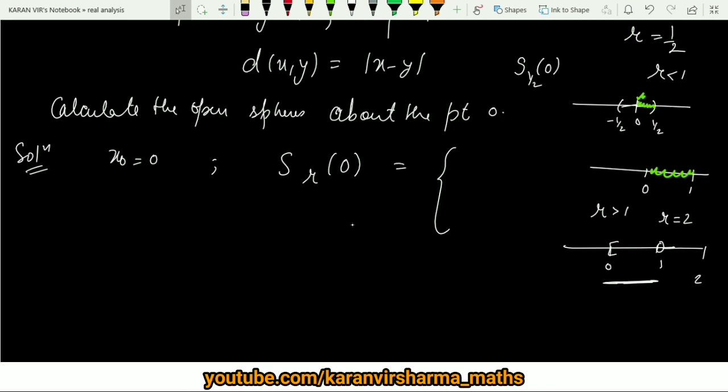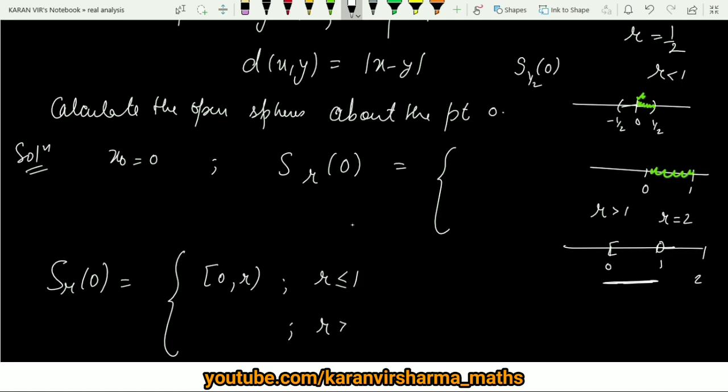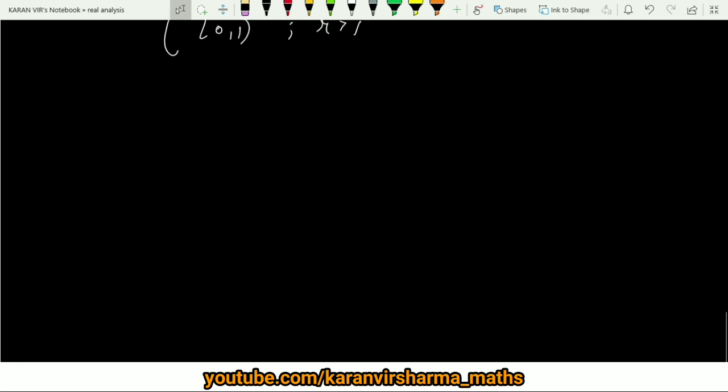So how will I define my S r at the point 0? This is nothing but, as I have explained, close 0, open r, whenever my r is less than or equal to 1. If r is strictly greater than 1, it will be close 0, open 1. So that will be my open sphere about the point 0.